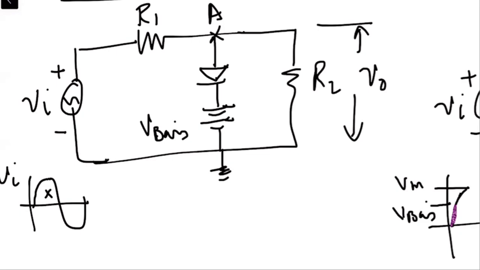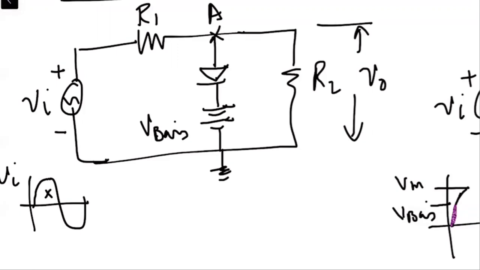Are you with me? As long as the point A in the circuit is having voltage less than V bias, the diode will remain in the off position, or this means it is behaving as an open switch.